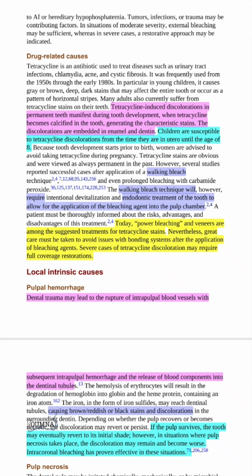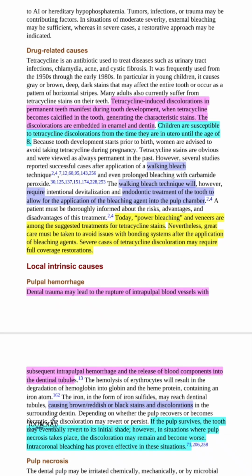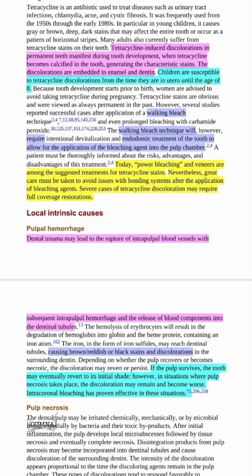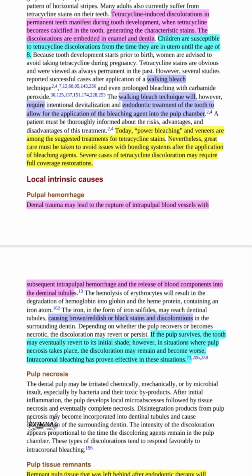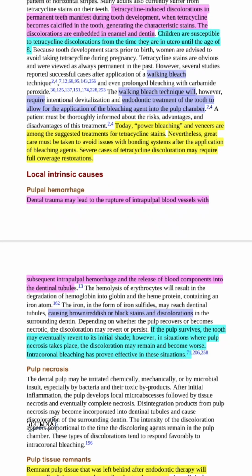Usually the walking bleach, which is the internal bleaching, is sufficient to get an effective result, but in this case we need to do an endodontic treatment. So another procedure with doing an external bleaching can give us good results. In severe cases, we can do full crowns.